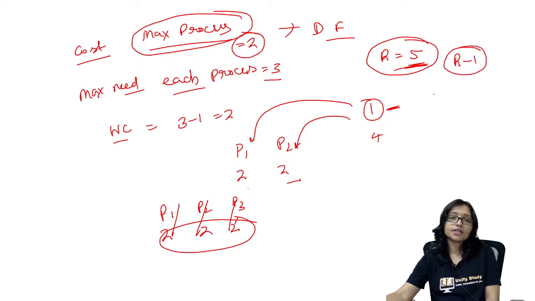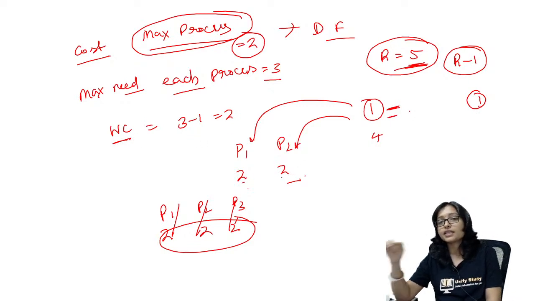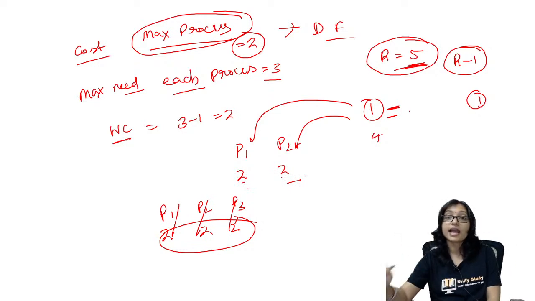That only I can distribute, because 1 in my hand I have to keep, right? Or otherwise you can do the worst case and distribute the worst cases. After that check that at least extra 1 has to be there in my hand. So in this situation what will be the maximum process? That is 2 only. Clear?